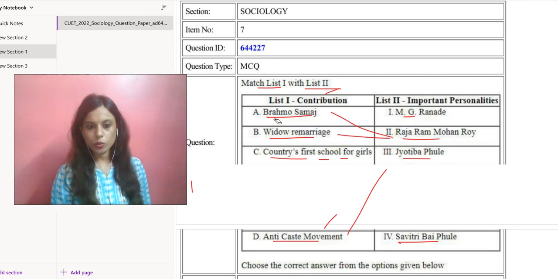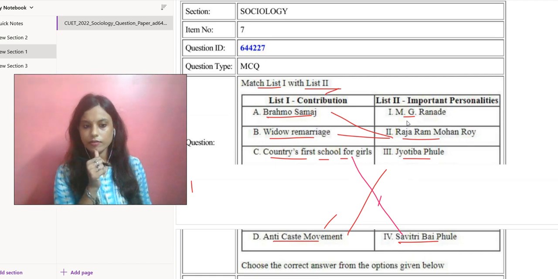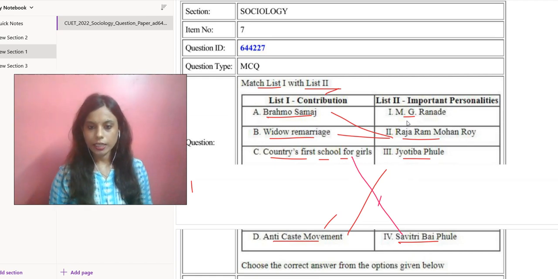Country's first school for girls was done by Savitribai Phule, yes, and anti-caste movement was done by Jyotiba Phule. So M.G. Ranade is not directly going with anything in the first list, so let's not match it. Yeah, these are the correct matchings. We have to match it accordingly. So yes, that's the correct answer. Let's move over to the next question.